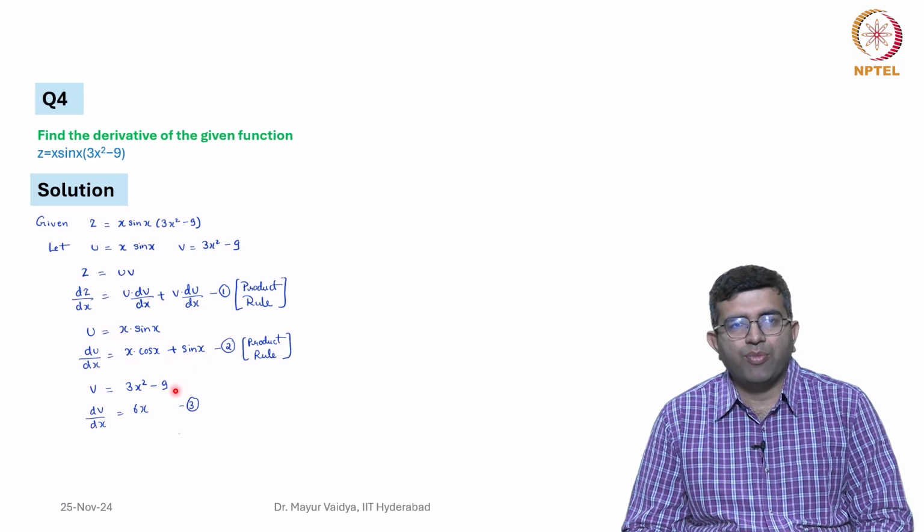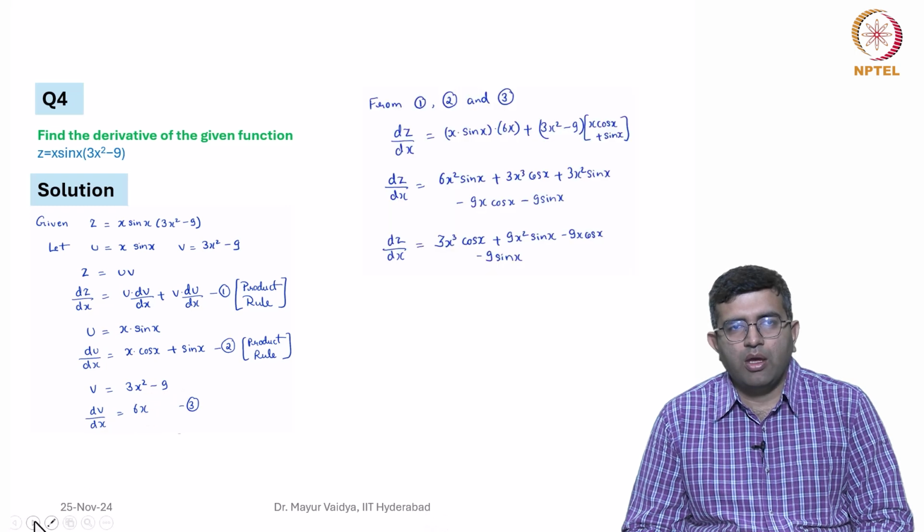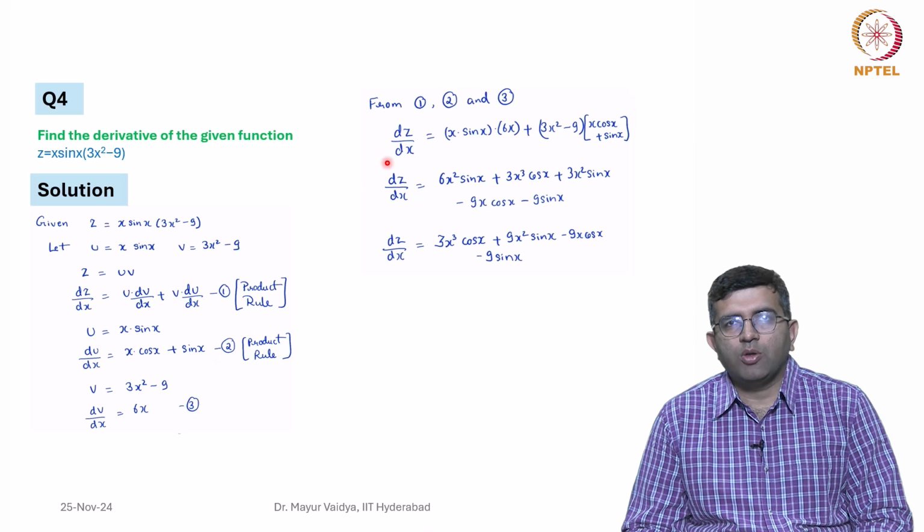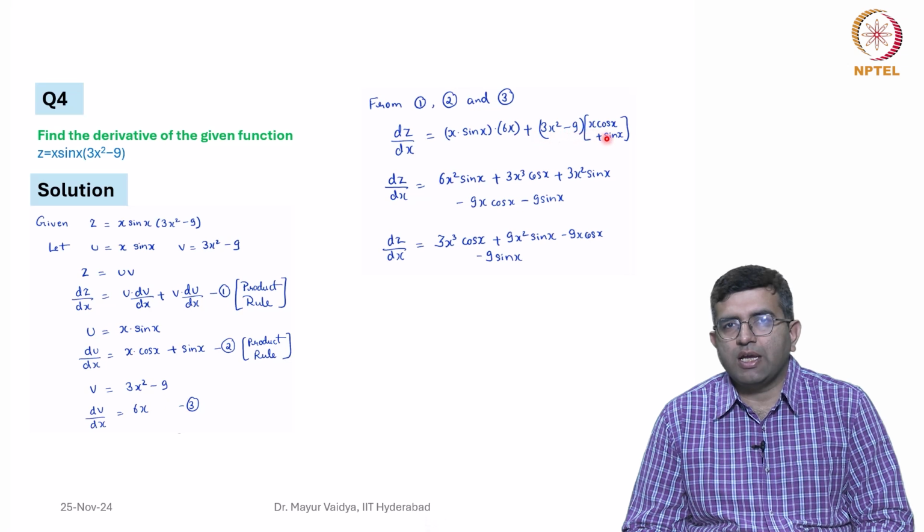Then v is equal to 3x square minus 9, so dv by dx becomes 6x. If you combine these, dz by dx is x sin x into 6x plus 3x square minus 9 into x cos x plus sin x.